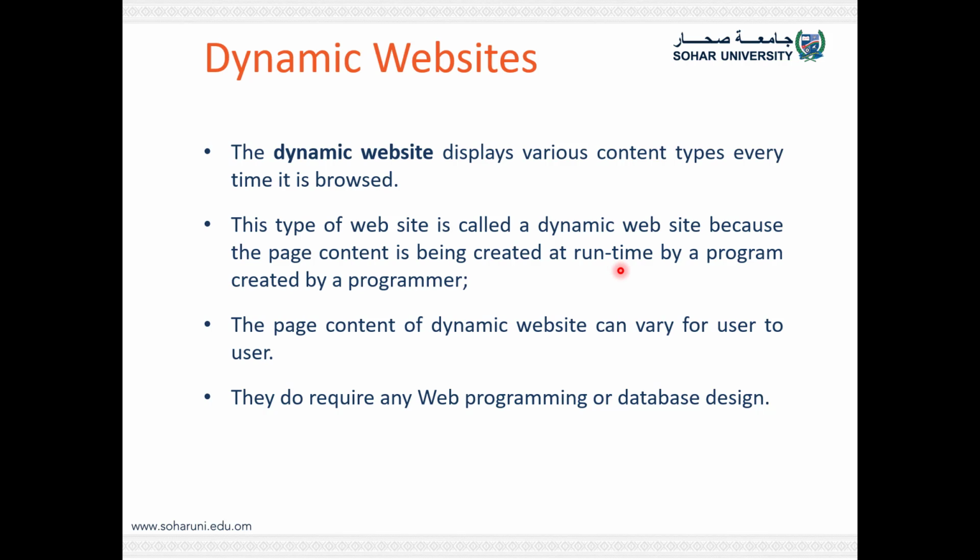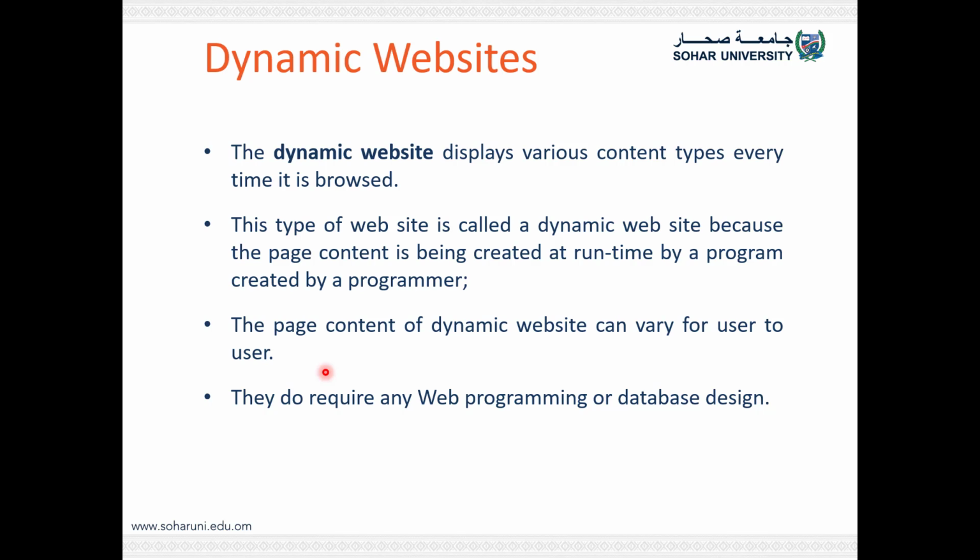So this kind of website, we call it a dynamic website, because the contents are created or generated in real time. And as we say, the page content of a dynamic website is different from user to user, compared with the static website, which, as we said, is similar for all users.